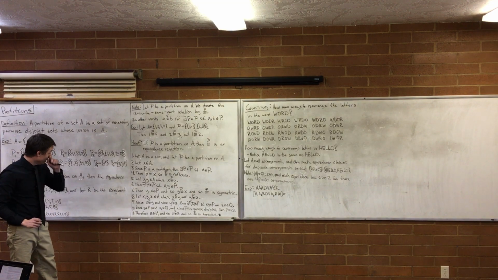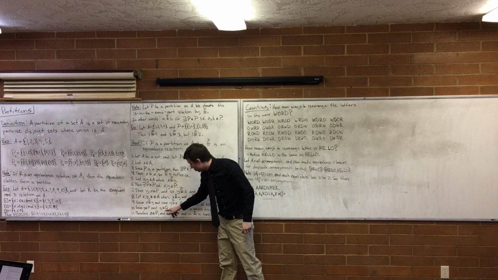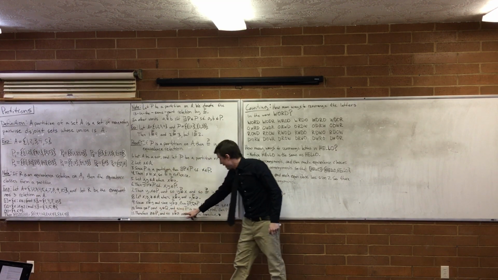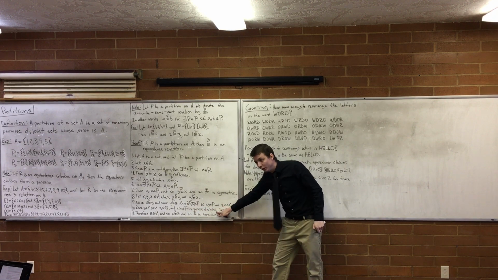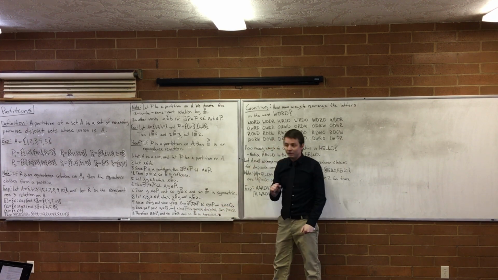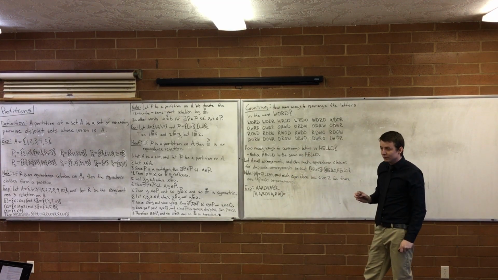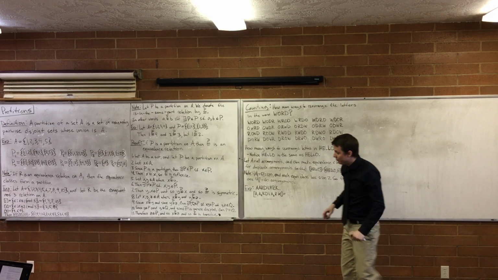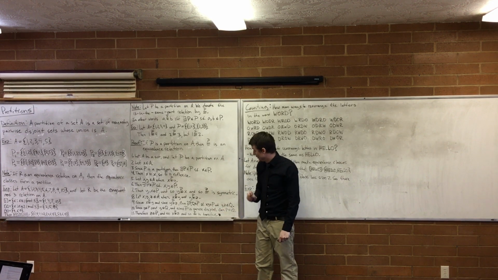Okay. Now, since Y is in P and Y is in Q, and since our partition is pairwise disjoint, then P has to equal Q. Does that make sense? What does it mean for the set to be pairwise disjoint? Every element is in one and only one set.